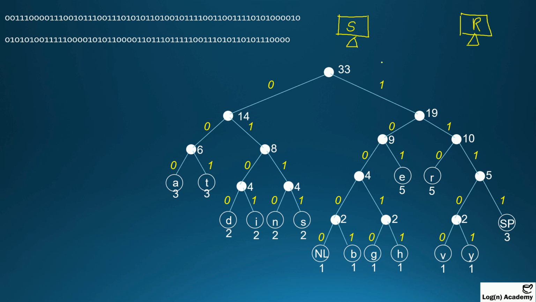The condition here is the receiver should have this tree stored in his system, or in the application that the receiver is running. Without this tree, this message cannot be restored. So the sender will somehow send this tree to the receiver, and the receiver will use this tree in order to restore the original message.